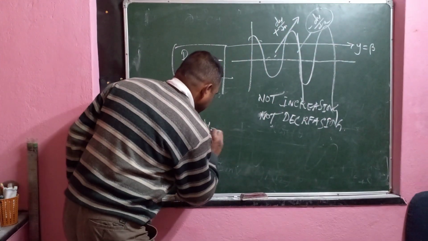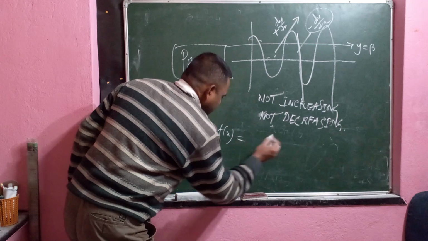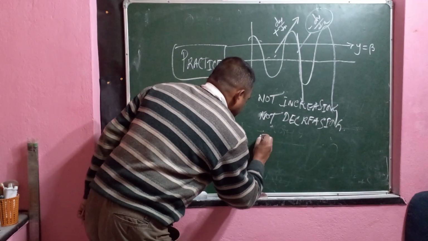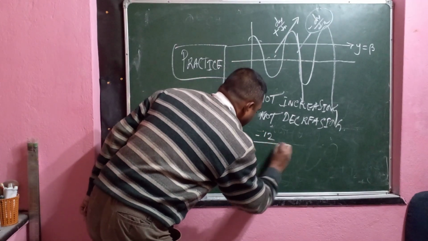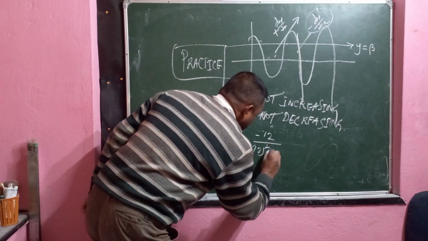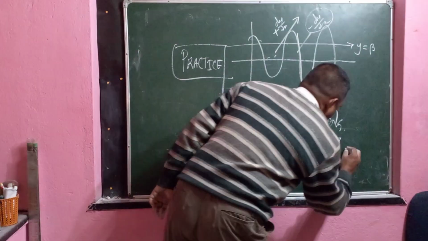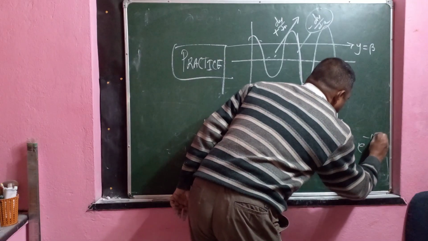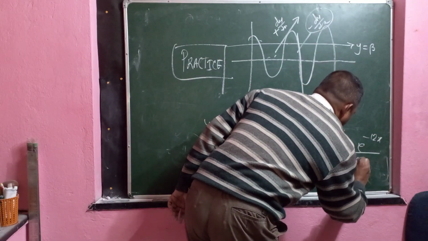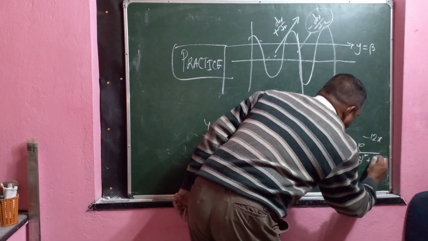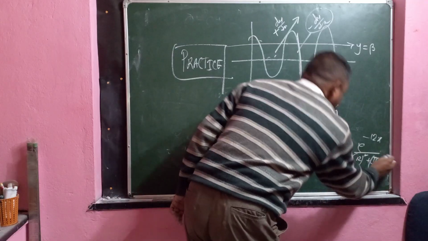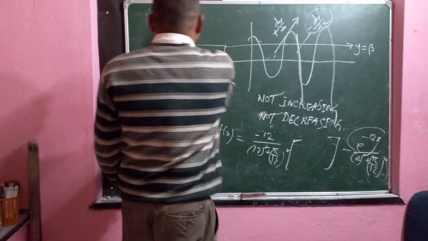If x is, I think we got this one, minus 12 square plus pi by 12. Then there is a sinusoidal curve, and then e to the power minus 12x divided by 12 square plus pi by 12 square. Yes, this one is always an increasing curve.